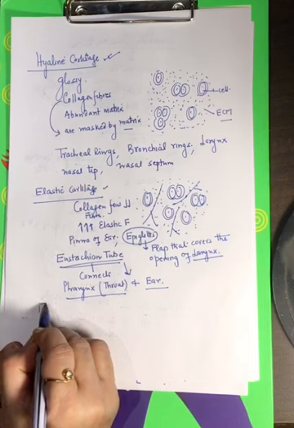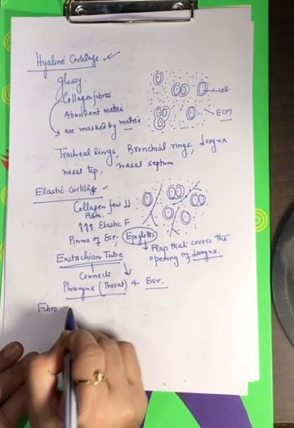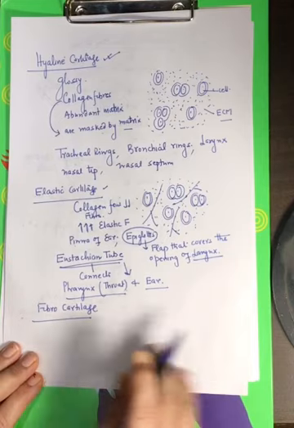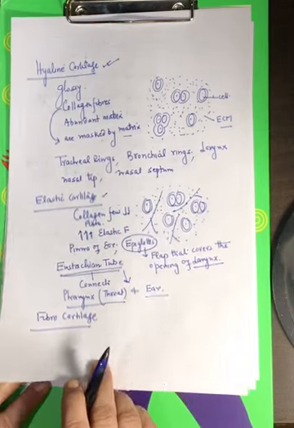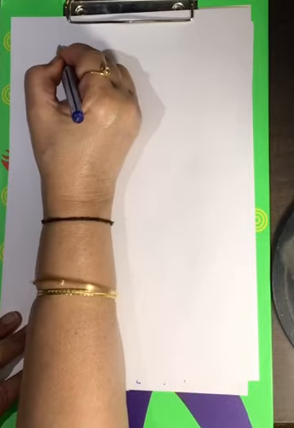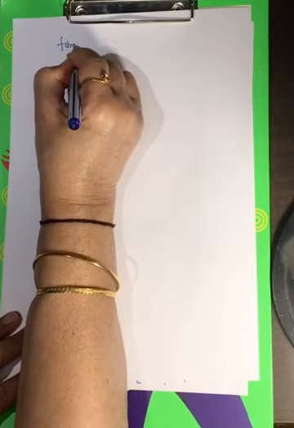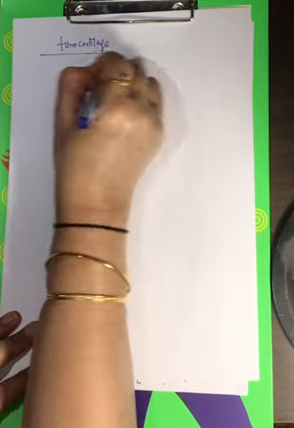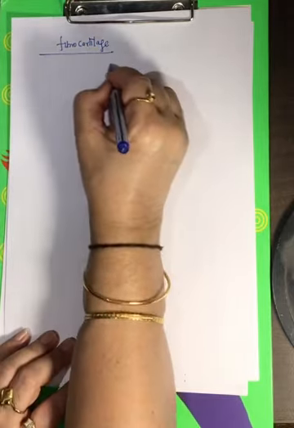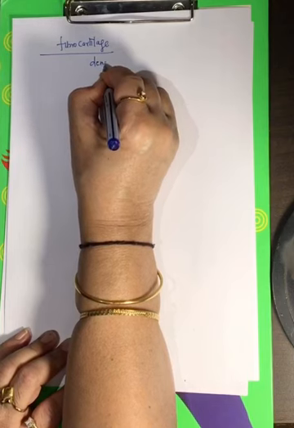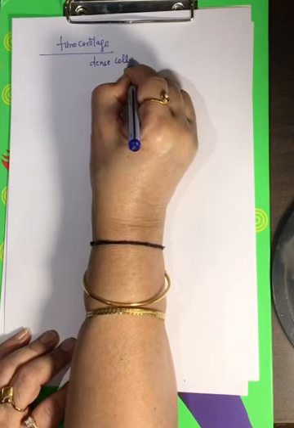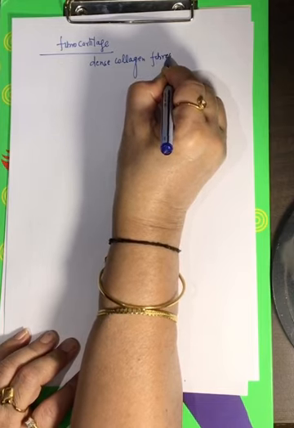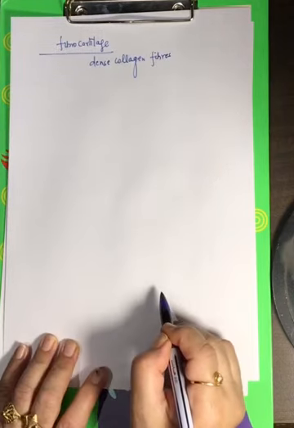And then we have fibrocartilage, right? So what is fibrocartilage? Fibrocartilage consists of dense collagen fibers. Right?